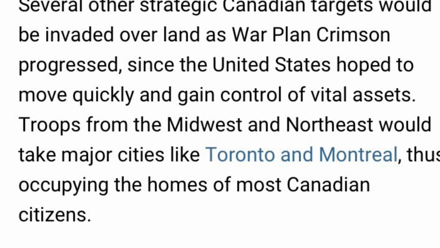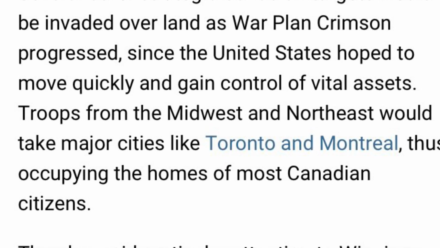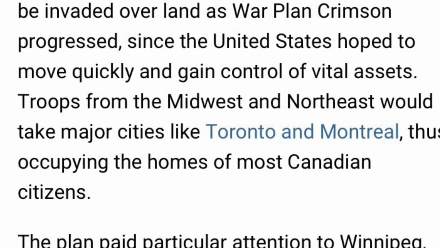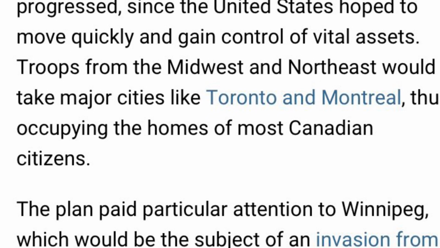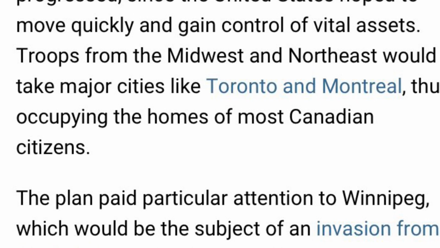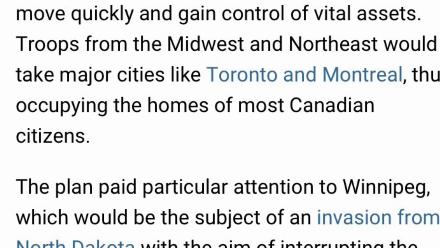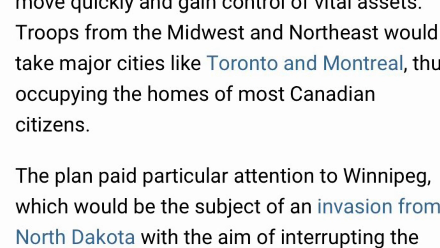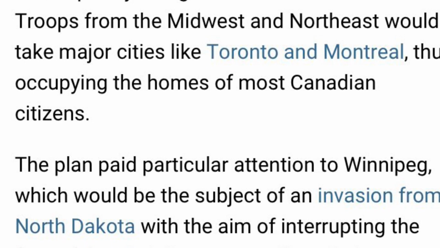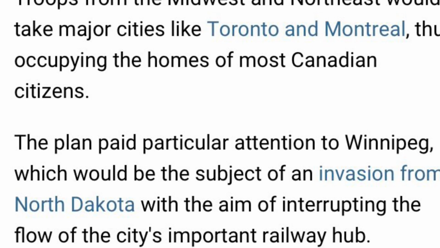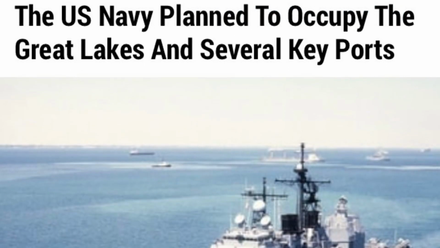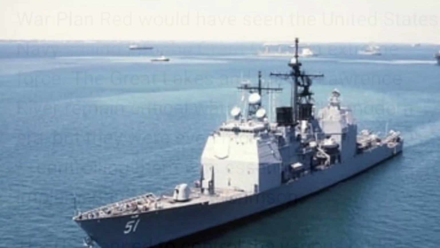Several other strategic Canadian targets would be invaded over land as War Plan Crimson progressed. Since the United States hoped to move quickly and gain control of vital assets, troops from the Mideast and Northwest would take major cities like Toronto and Montreal, thus occupying the homes of most Canadian citizens. The U.S. Navy planned to occupy the Great Lakes and several key ports.